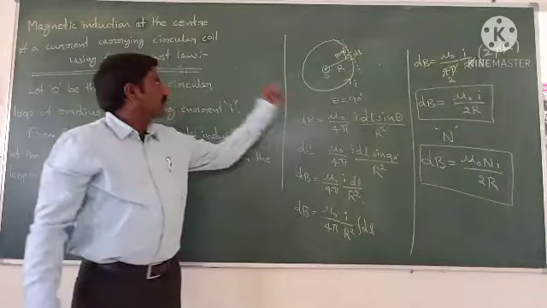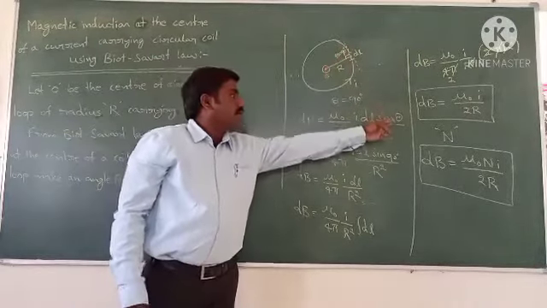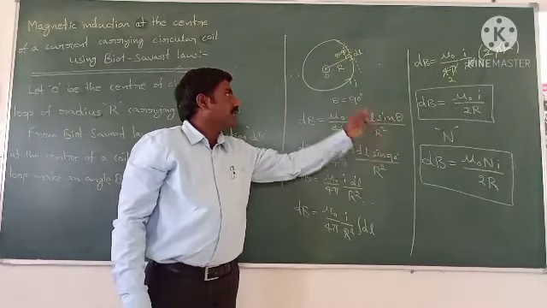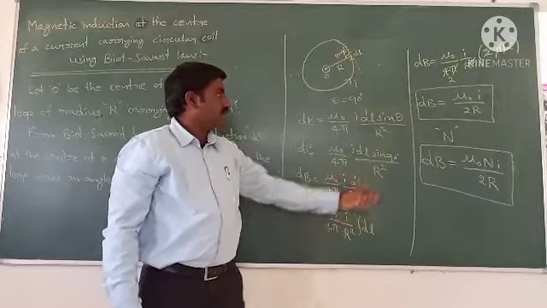Then according to Biot and Savart, this is the formula. Substitute theta value here. So this is the distance between the point and the dl element. By solving these things you can get this one.